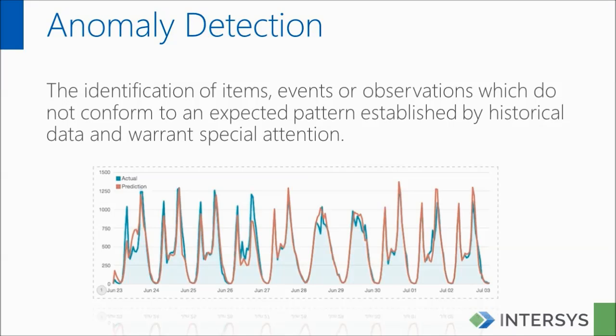All right, so another thing that's kind of emerging for Elasticsearch is statistical anomaly detection. So anomaly or outlier detection is the identification of items, events, or observations which don't conform to an expected pattern of established historical data.